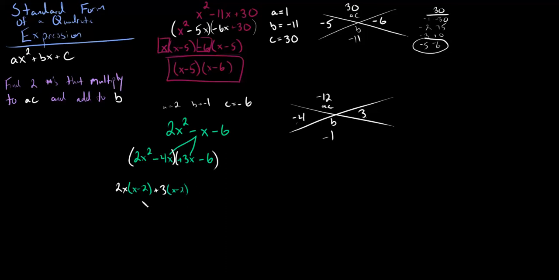And as you can see, I have that common binomial factor of x minus 2, which means I can factor out an x minus 2. And I'm left with the leftovers as well of 2x plus 3. So this is what you should have gotten as your final answer.